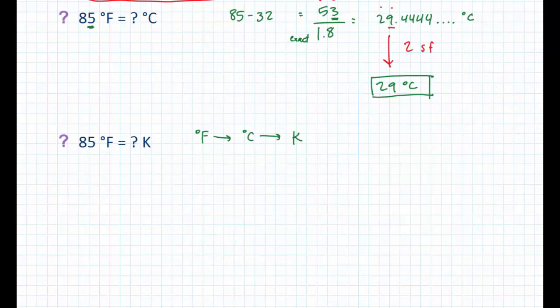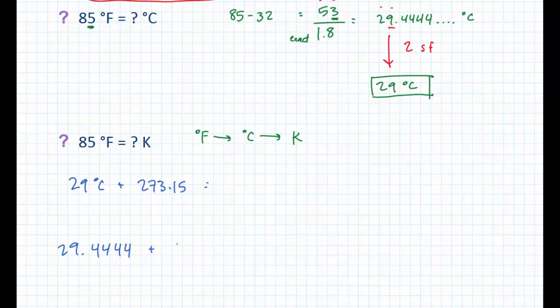But here's my question for you. Should I do 29 plus 273.15? Or should I do the unrounded value plus 273.15? Add both of those. I want you to see the result of both of these.